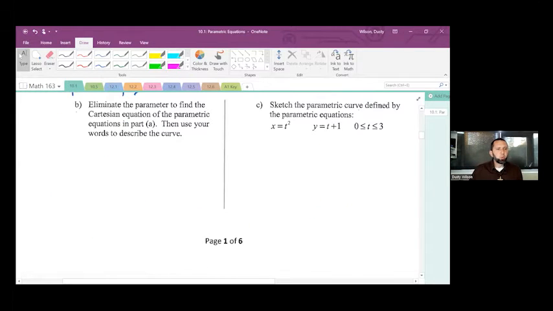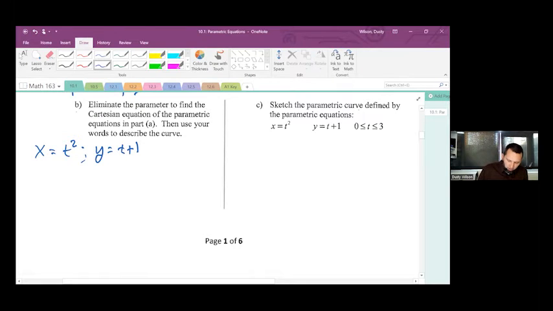In part B, we want to eliminate the parameter to find the Cartesian equation of the parametric equations in part A. Then we want to use words to describe the curve. Recall that we had x equal to t squared and y equal to t plus 1.